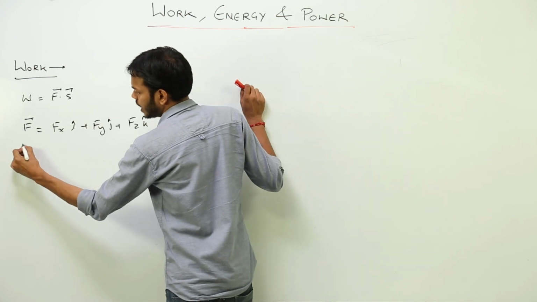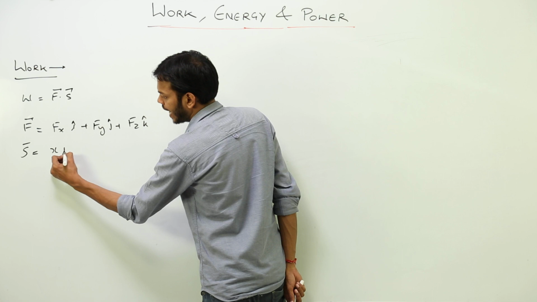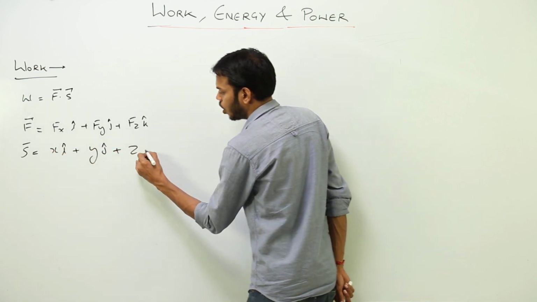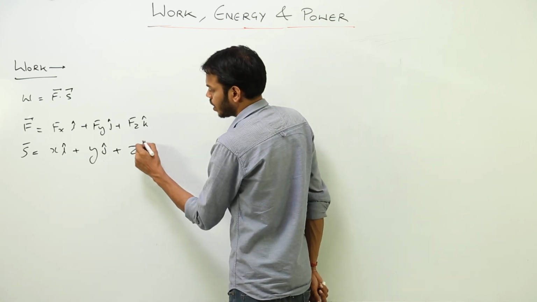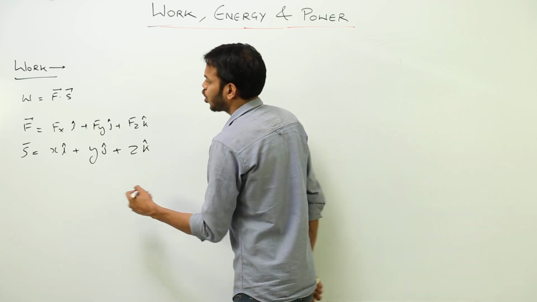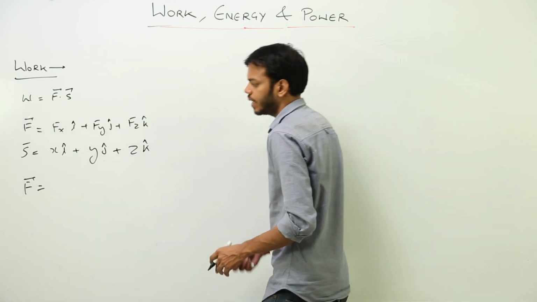And displacement is given by, suppose the object has done a displacement x along x axis, y along y axis, and z along z axis, that is k. So the dot product would be like what? We have discussed this thing.